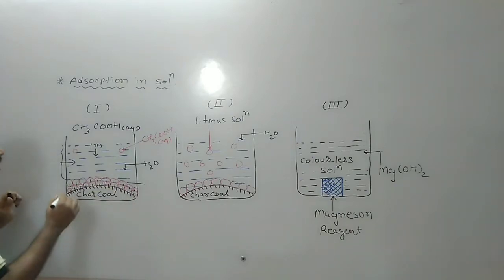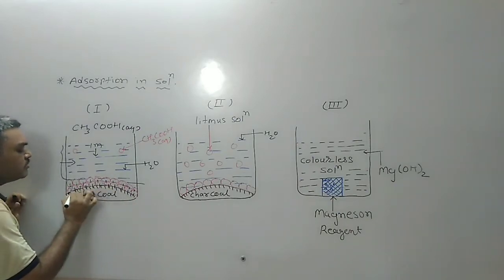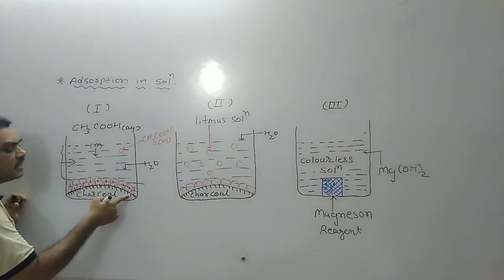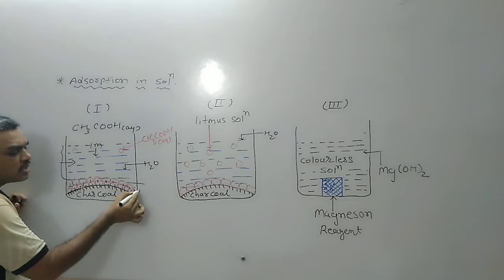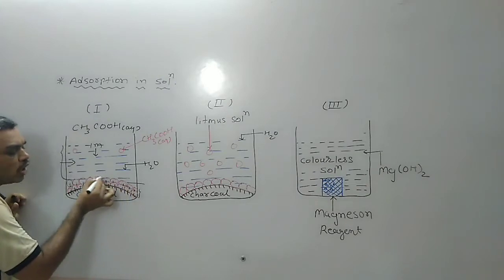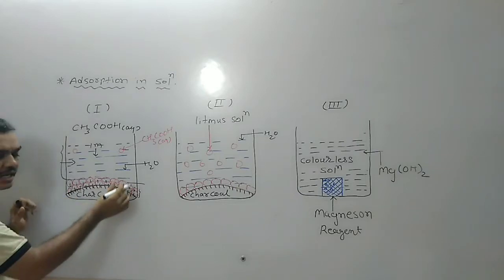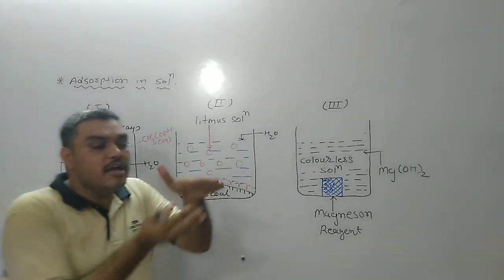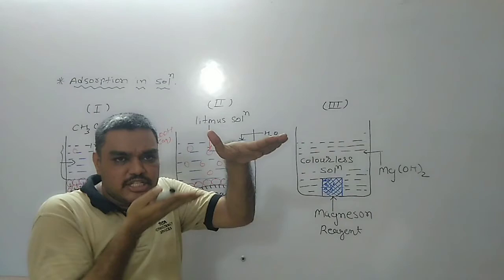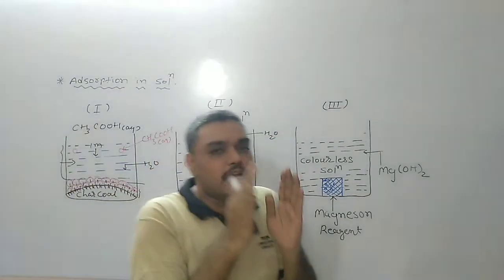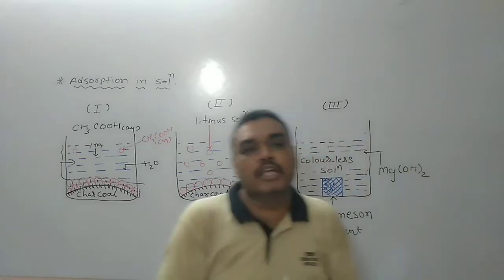Here, one more concept you will find. Some students ask, sir, how can we find that interface? You can consider that some area of the solute particles and some area of the solid particle, the total area covered, are separated by an imaginary line, and on this line they are in contact as well as differentiated.